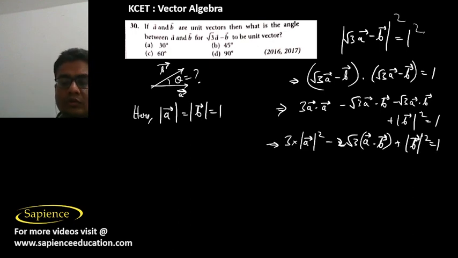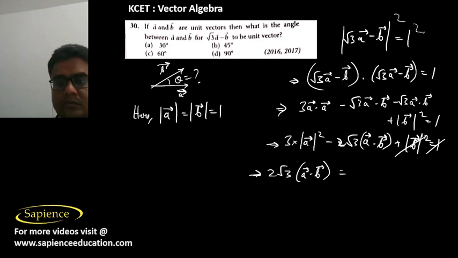So mod b is equal to 1, so 1 and 1 cancel. So then you can say that 2 root 3 a dot b is equal to 3.